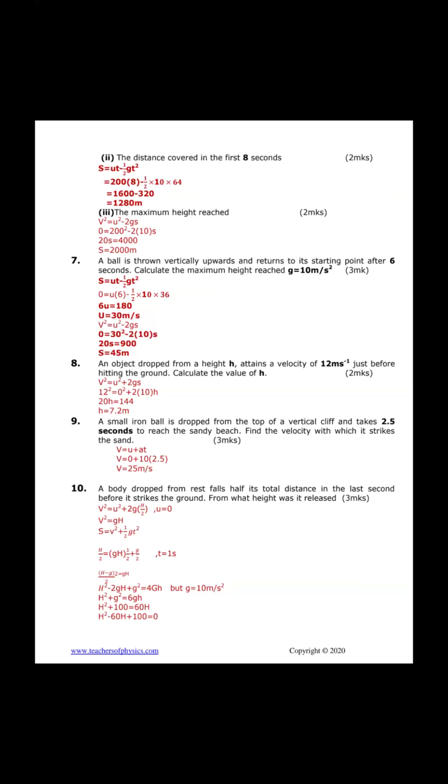So for vertical projection, acceleration will be equal to minus G, because the body will be moving in the opposite direction. When you throw a stone upwards in vertical projection, the stone goes up, which is against gravity, and that is the reason why for vertical projection, acceleration will be equal to negative G.